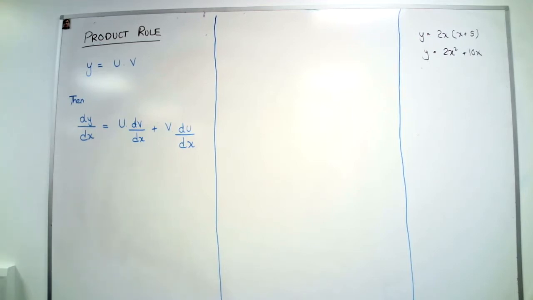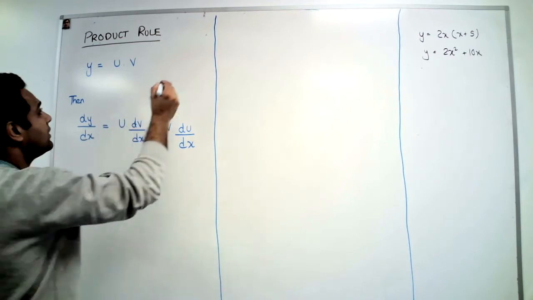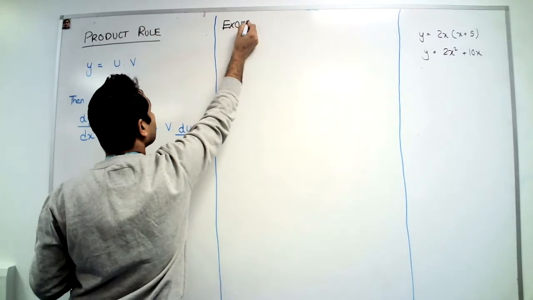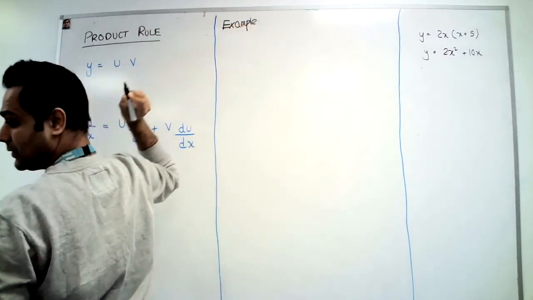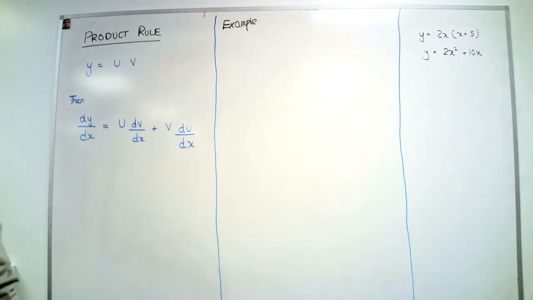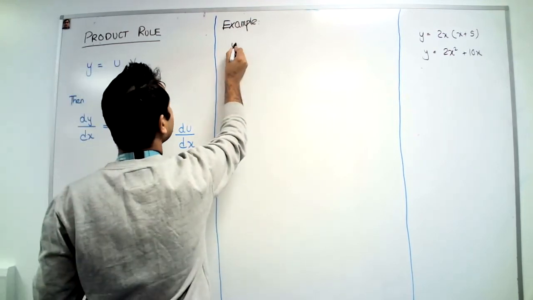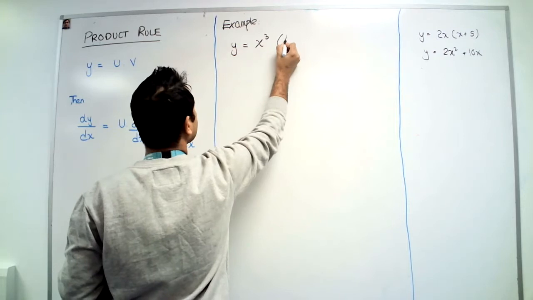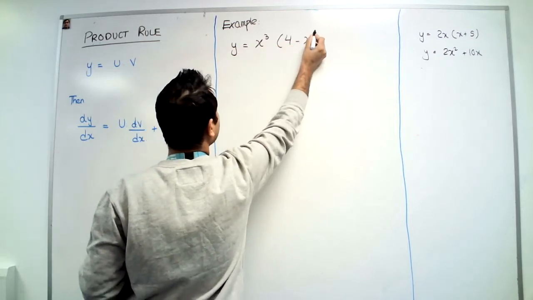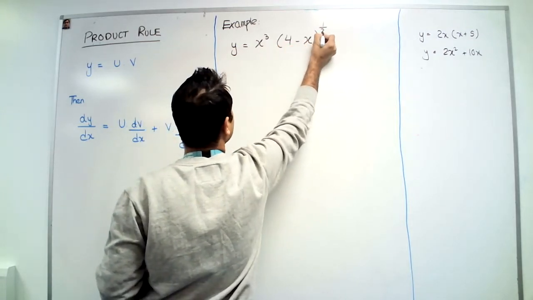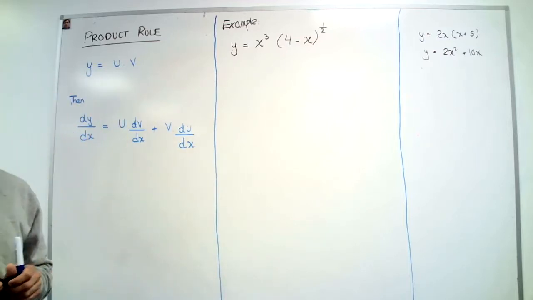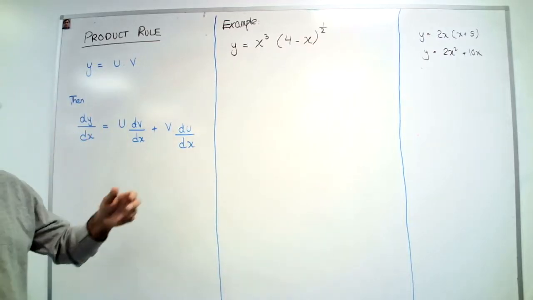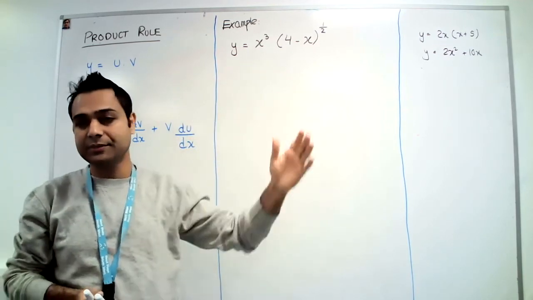So for example, let's say y equals x cubed times 4 minus x to the power half. Now we need to actually differentiate that one. We cannot multiply the x cubed inside.